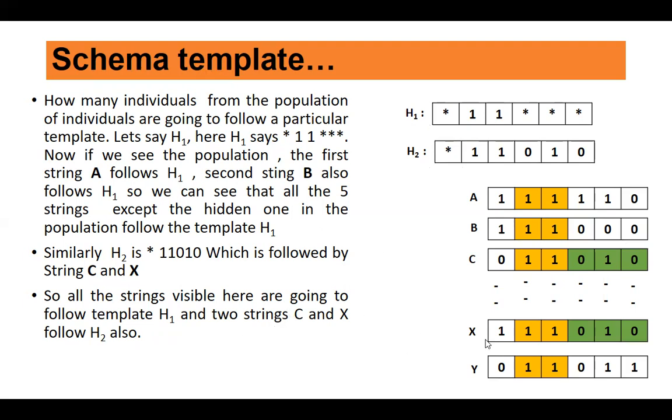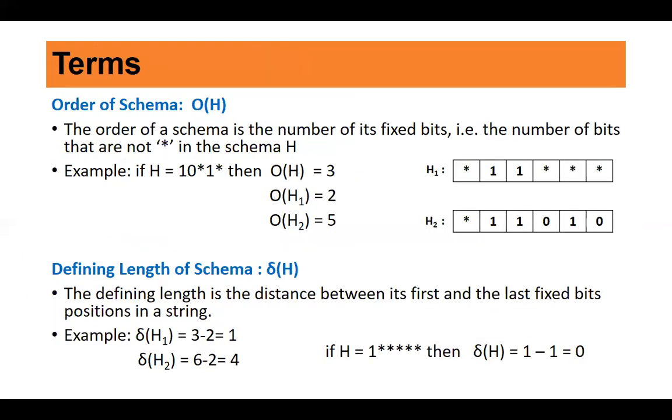Similarly, if you look at X, the star is replaced by 1 here. Then the fixed bits are the same. See the equal number of fixed bits at the particular position. The position is also the same, right? So C and X both follow the template H1 as well as H2. So all the strings visible here follow template H1, and two strings, C and X, follow H2 also along with H1.